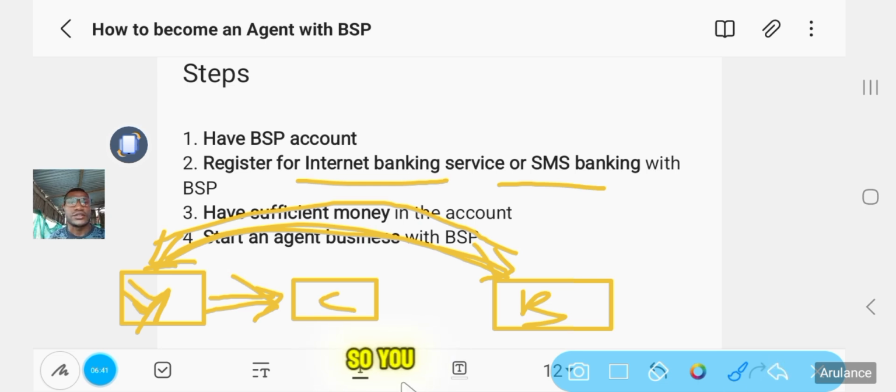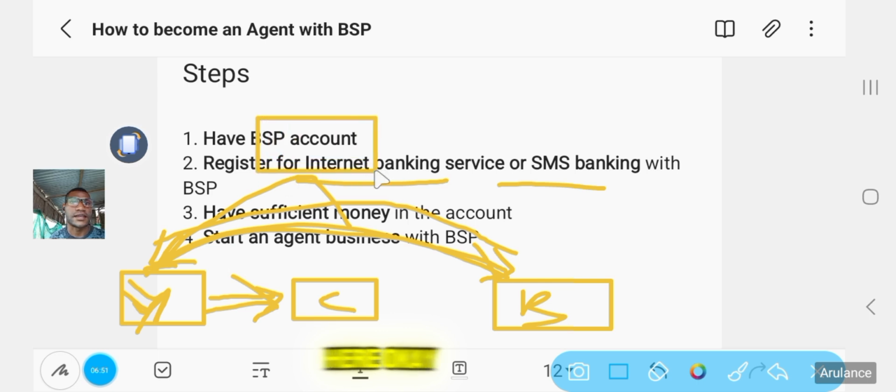Okay, so you will deposit the money to the person's account. Let's draw another structure here. Okay, so you will deposit money to this person's account using SMS banking. Okay, and then you receive money from this customer here.